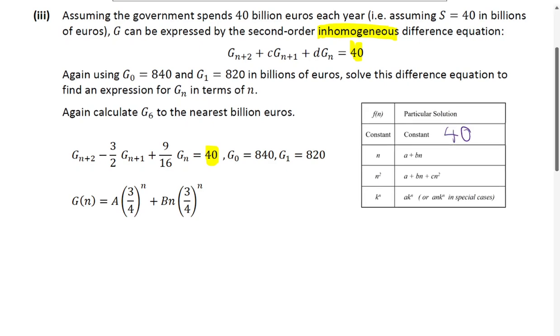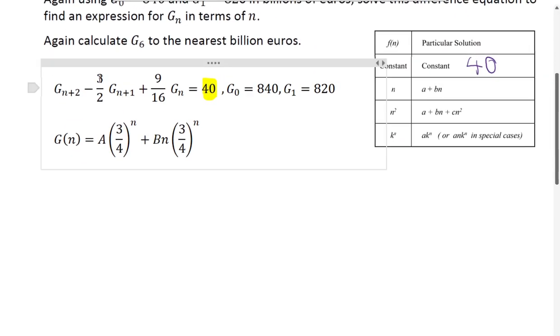So our particular solution should be a constant. I'm going to write Pn, which is just what I write for particular solution. So Pn equals a constant k. You can call it constant A, B, whatever works for you.